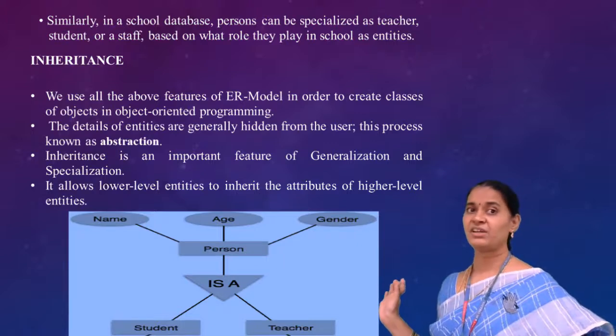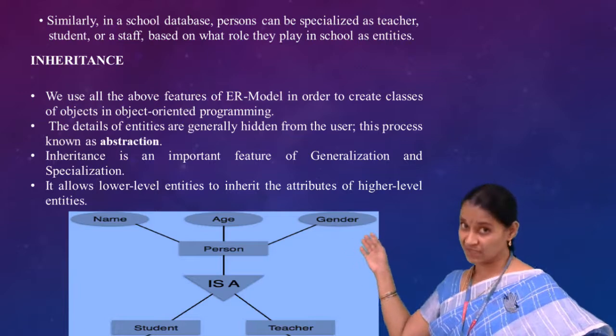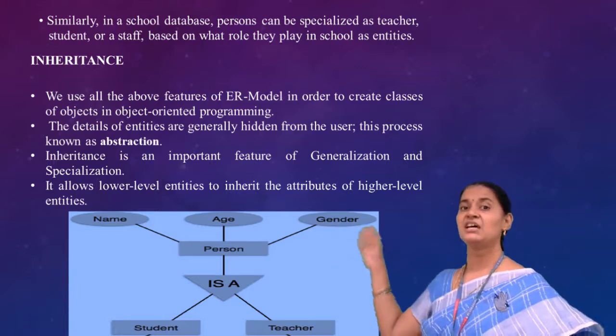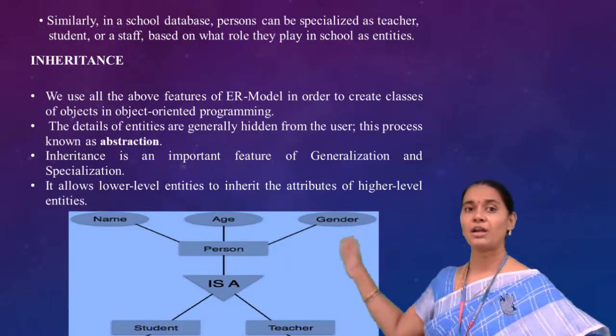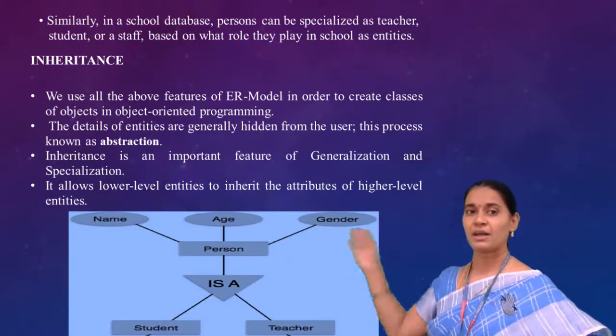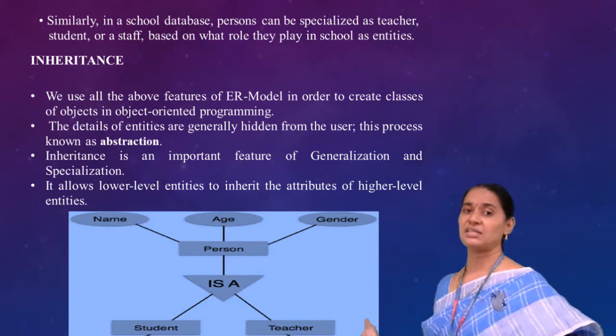One more example for this is, if we consider a school database which has a number of persons inside it, a person is a teacher, or a person is a student, or a person is a staff member, based on the type of job he does in the school.